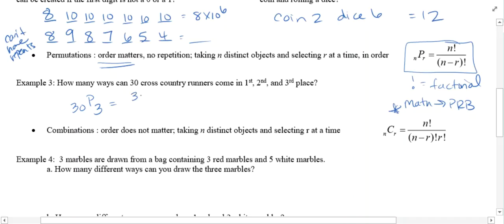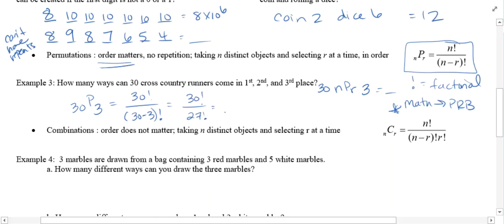Okay, so writing this out in formula way would be 30 factorial over 30 minus 3 factorial. In your calculator, you would write 30, then get nPr, and then write 3, and then hit enter, and it'll give you your solution. Not all of them, though, you need to do in a calculator if you understand permutation, or factorials, really. So this is 27 factorial.